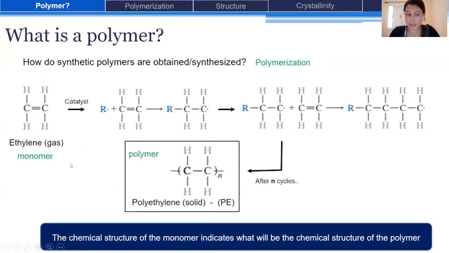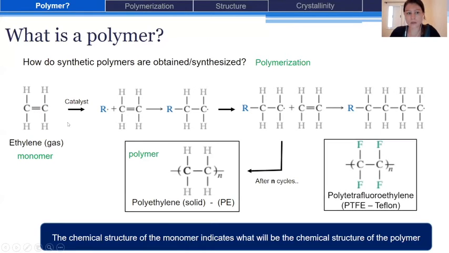Bon, this was an example for the polymerization of ethylene to obtain polyethylene. And of course, depending on the monomers that we use, we will obtain different polymers. So there exists another polymer that, instead of having 4 hydrogens, has 4 fluorine.